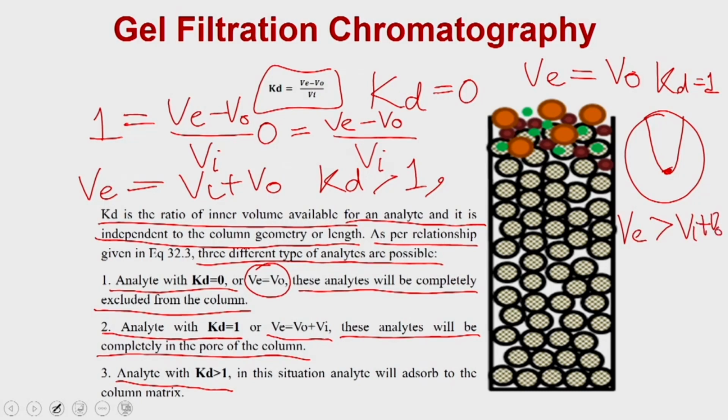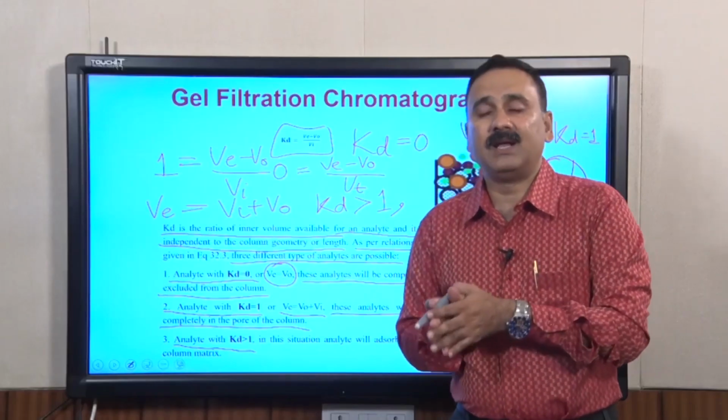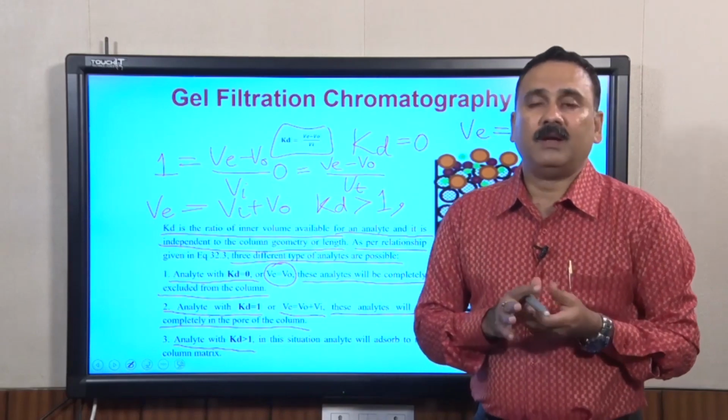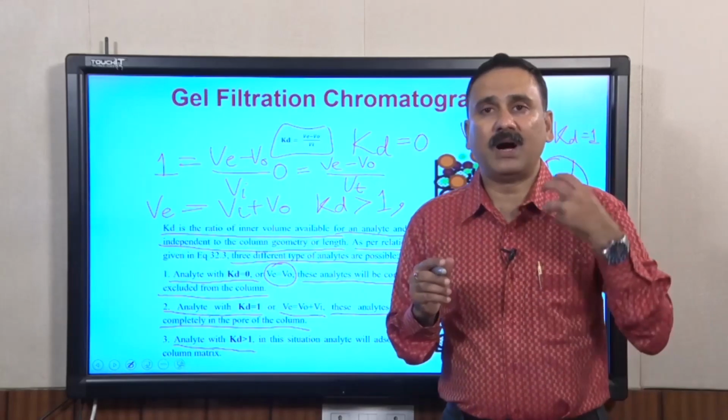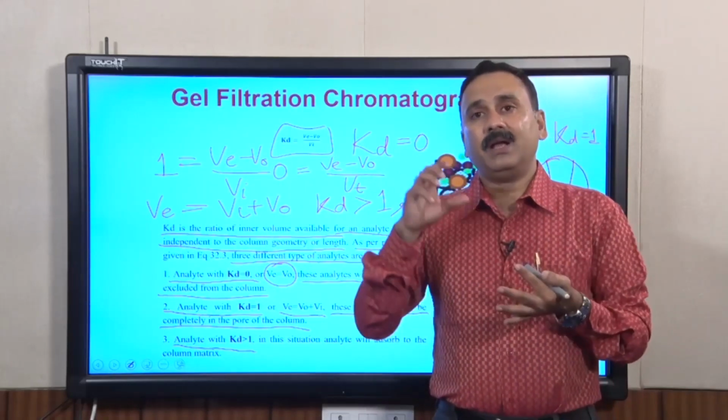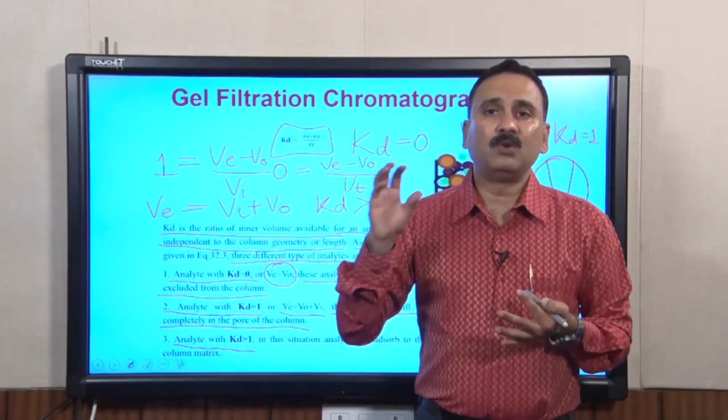In what conditions is Ve going to be bigger than Vi plus Vo? Under one condition: that the molecule which you are resolving is irreversibly binding to the beads.